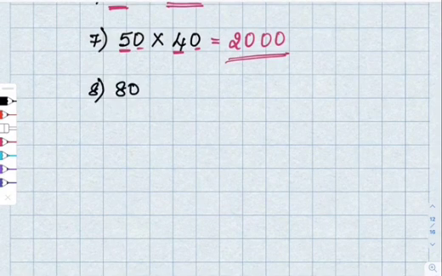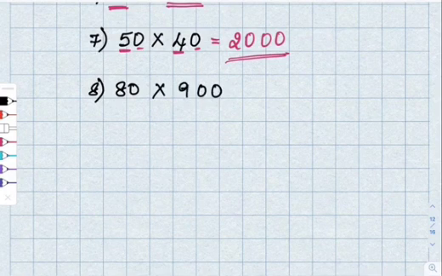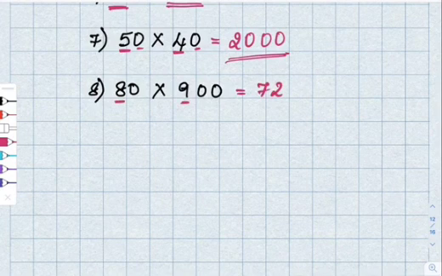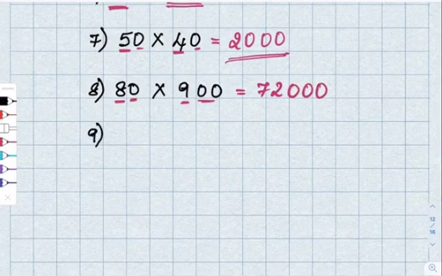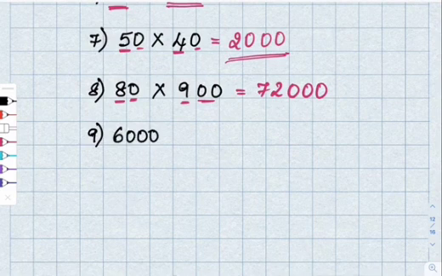Now we'll try another example, like 80 into 900. Here, as I said, 8 into 9 is 72, with these three zeros. Now for another problem, 6000 into 200.